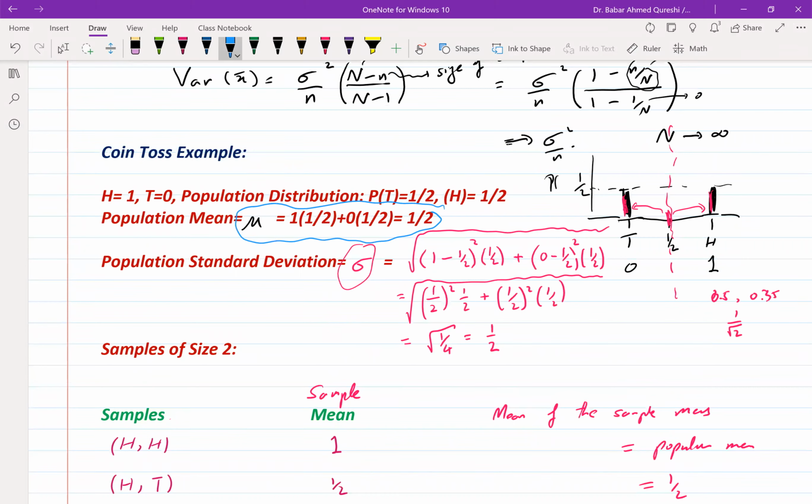Just using the formula that tail, which is given value 0, has a probability half. Head, which is given a value 1, has a probability half. So the population mean is half. It's just so intuitive. If the tail is 0, head is 1, where is the mean? Because they are both equally likely, the mean is exactly in between them at half.